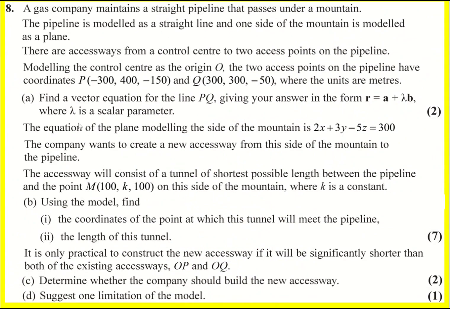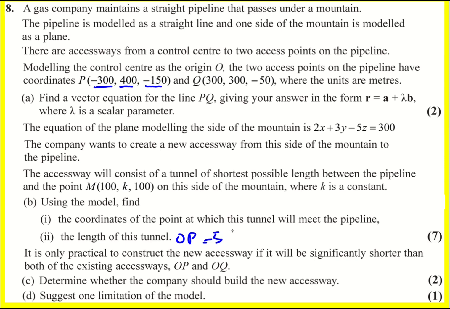Then we're told it's only practical to construct the new accessway if it will be significantly shorter than both the existing accessways OP and OQ. Determine whether the company should build the new accessway. So we need to work out each of these lengths. OP would be 300 squared plus 400 squared plus 150 squared, all square rooted.